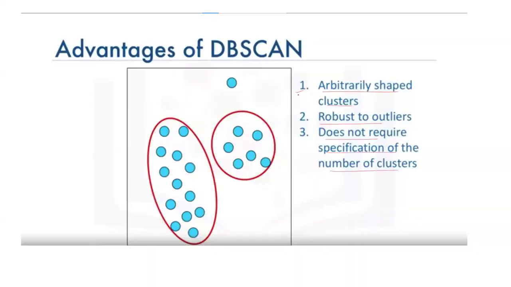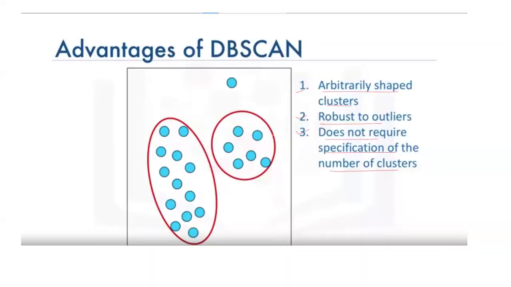So now these are the advantages of DBSCAN, and these become the disadvantages of k-means and hierarchical clustering. So during the interview, if somebody asks you what are the advantages and disadvantages of each of these algorithms, then you can mention these points as the advantages of DBSCAN and disadvantages of k-means.